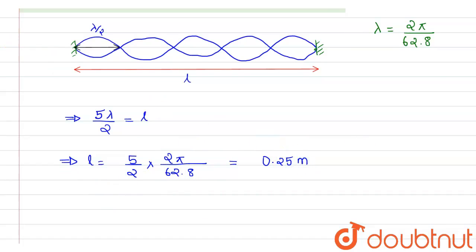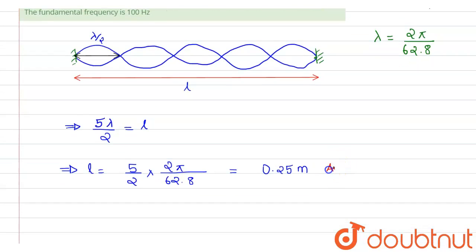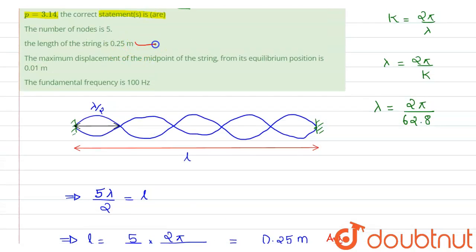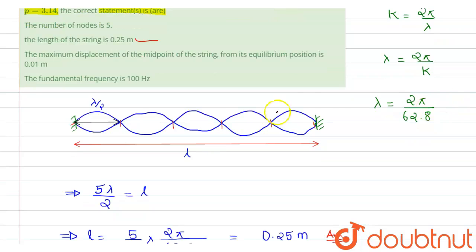So we can see that our second option is correct, so our correct statement will be the second one. And if we talk about the number of nodes, we can count it from the diagram. This is our first node, this is our second node, this is third, this is fourth, and our fifth and sixth nodes.